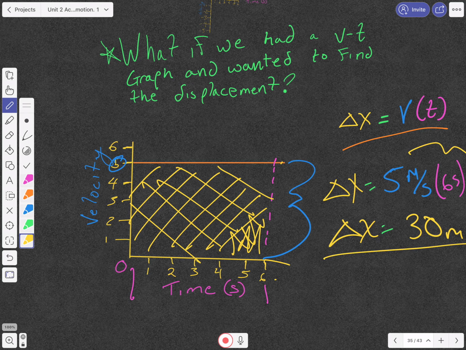And if you're doing this on graph paper, you can actually count out these boxes. So 1, 2, 3, 4, 5. And you can do that for each second. I'm not going to do it because it takes too much time. And we have this nice little math formula here.